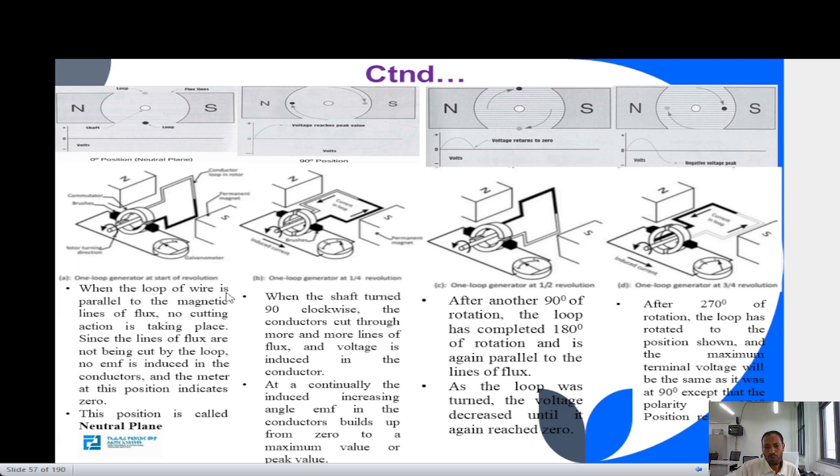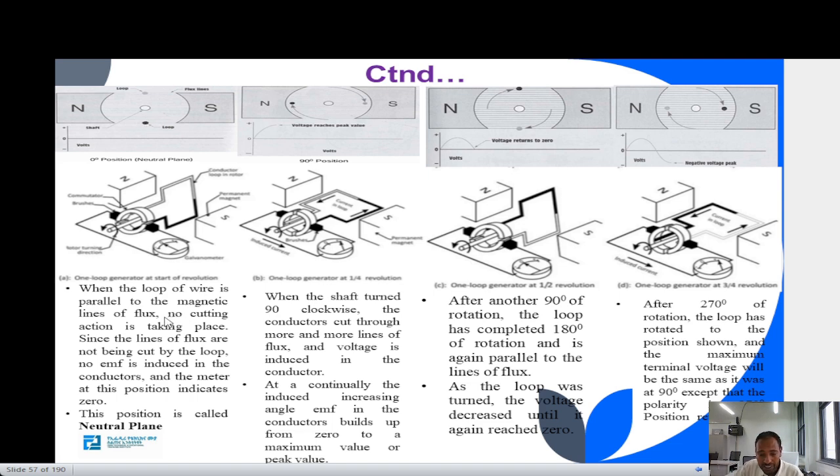So when the loop of the wire is parallel to the magnetic lines of flux, now in this case, don't forget that we are observing from the shaft side, so that's why the loop becomes a dot. When you see the physical placement of this loop, it is parallel to the magnetic field.